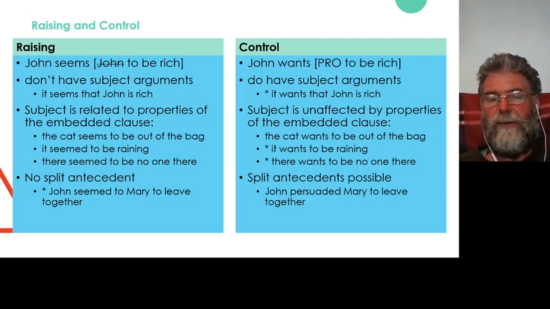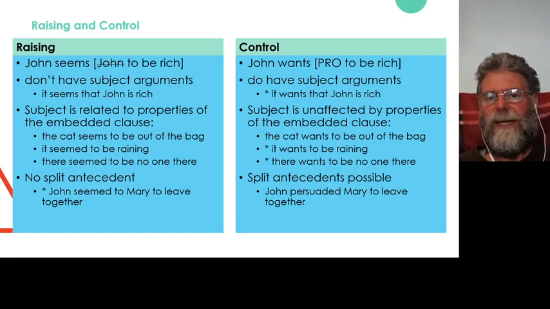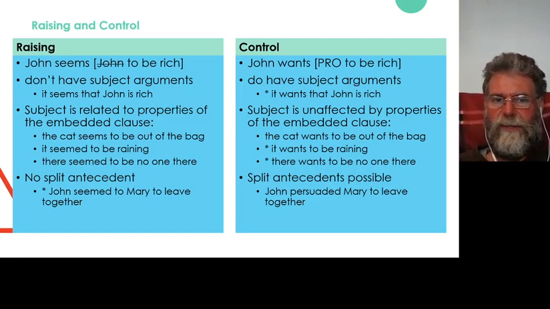And it turns out that pro has, as one of its properties, that it can take its reference from more than one place. Here then, pro takes its reference from both John and Mary. They are the ones who are going to be leaving, and furthermore they're going to be leaving together. So the fact that pro can be interpreted as both John and Mary then licenses the use of together, and that's why we can get this split antecedent possibility.